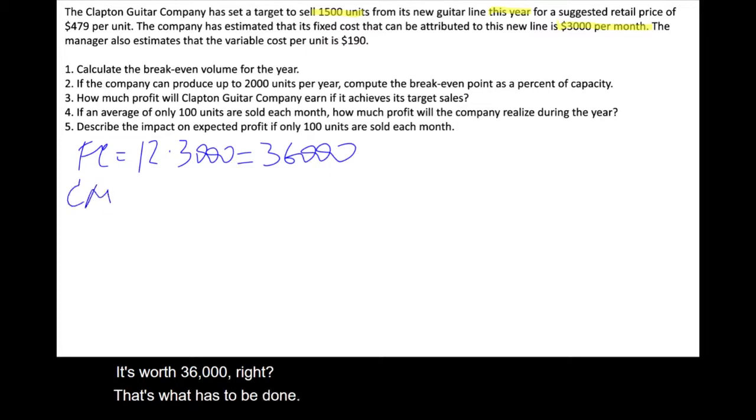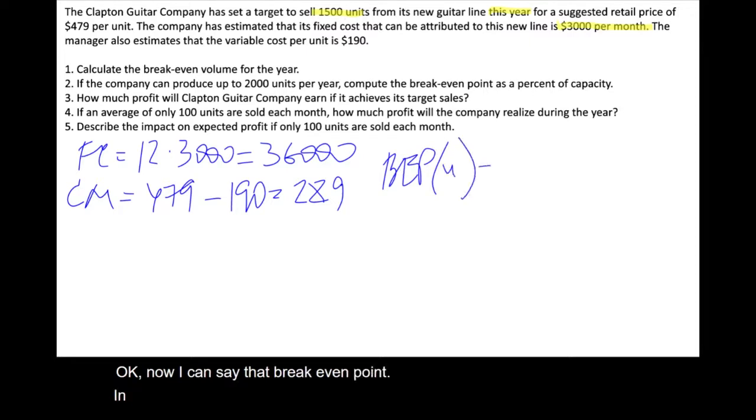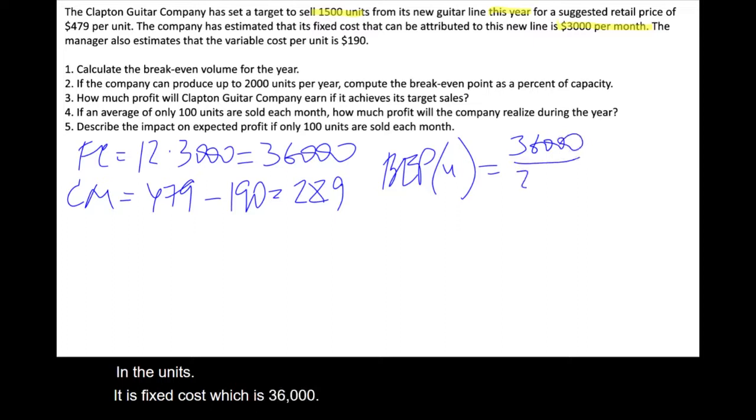Now the contribution margin, that is 479, which is the price, minus 190. Okay, 479 minus 190 is 289. Now I can say that the break-even point in units is the fixed cost, which is 36,000, over 289.